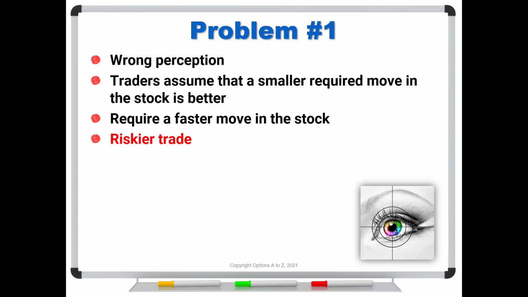But that gets lost in the shuffle if you're just focusing on the number of shares that you're owning, and that's a little bit of what's happening here. When traders look at the percent to double, they just get too focused on the options that require a small move in the stock to double the option's price, thinking that it's a safer trade, and it just isn't.